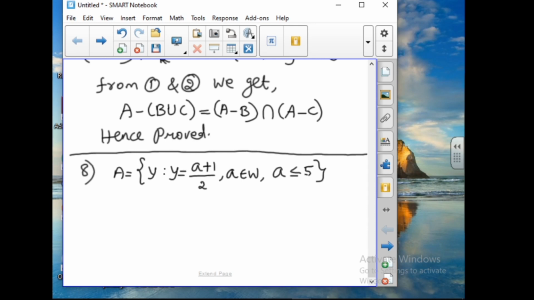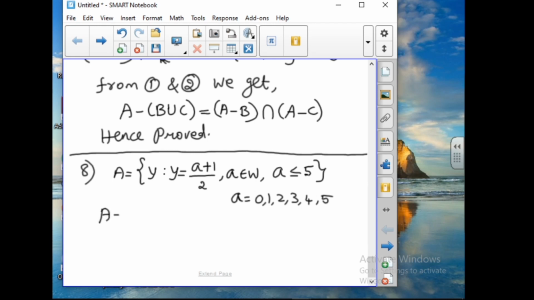So a values belong to W, so a started from 0. So a is equal to 0, 1, 2, 3, 4, 5. These are the possible values of a. These a values you have to apply in y. What do you get? If a is equal to 0, then 0 plus 1 is 1, so 1 by 2.